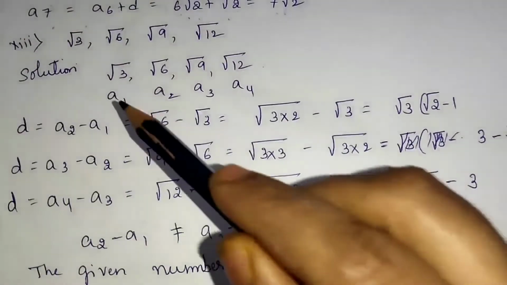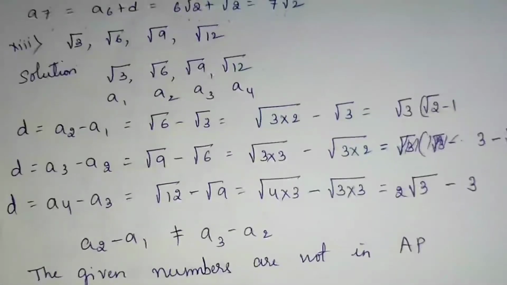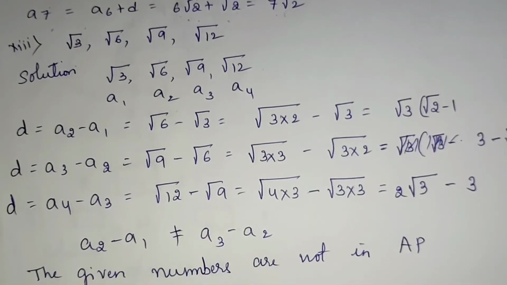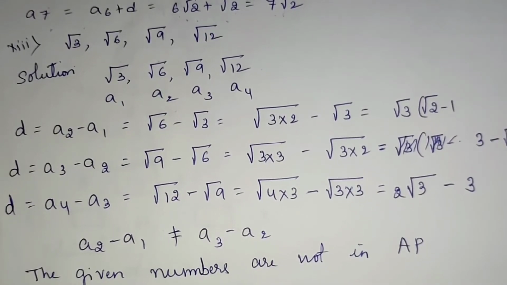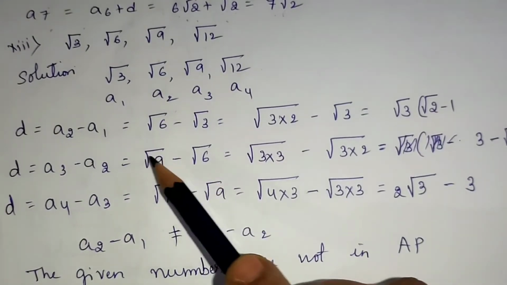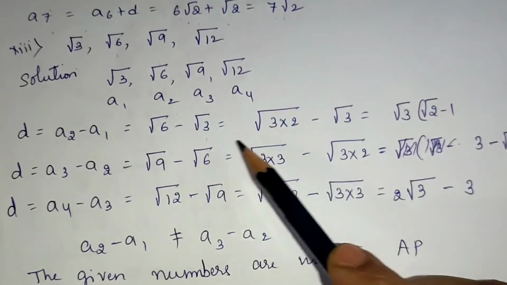Question number 13. Root 3, root 6, root 9, root 12. Write the pattern and name it as A1, A2, A3, A4 and find the difference by taking second term minus first term, that is root 6 minus root 3.